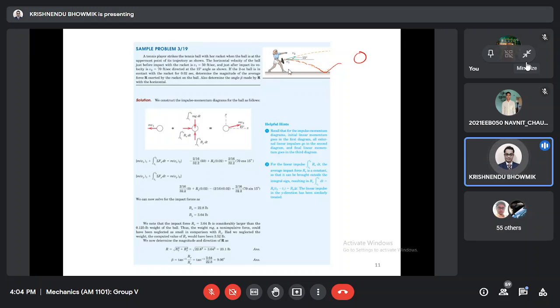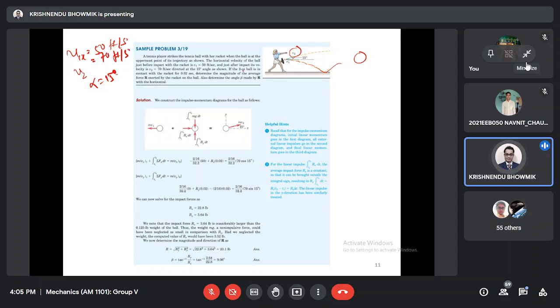If the horizontal velocity of the ball just before the impact with the racket, say v1x, is 50 feet per second, and just after the impact it is v2, because here there is some angle, v2 equal to 70 feet per second, directed at the angle alpha equal to 15 degrees as shown.